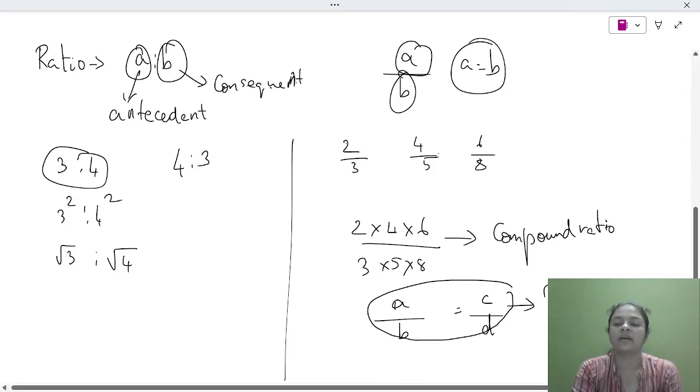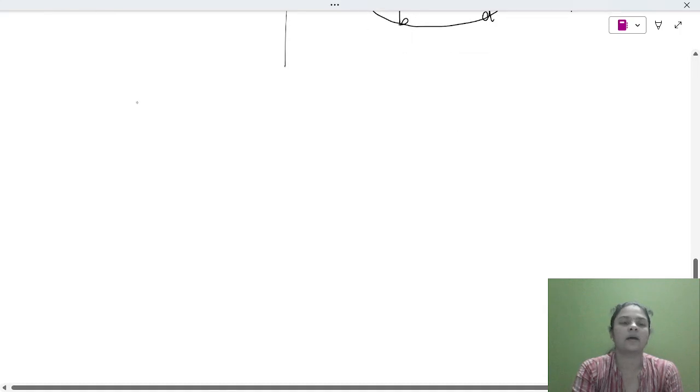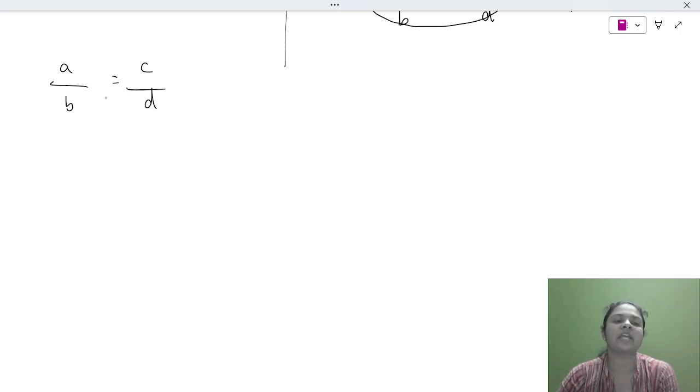So when we relate two ratios, a by b equals c by d, where we equate the two ratios, then the cross multiplication rule will apply, where AD is equal to BC. And this is expressed as a proportion.